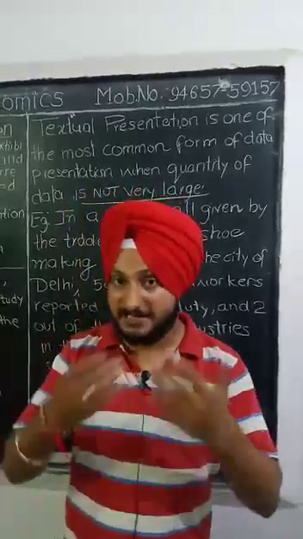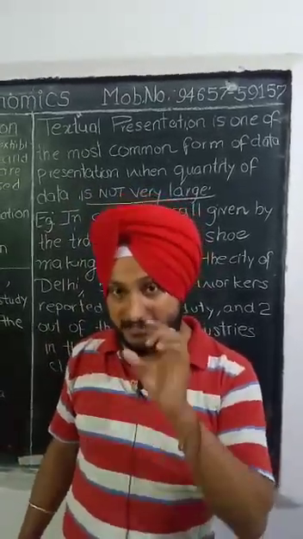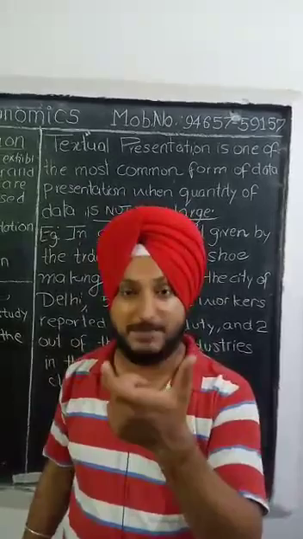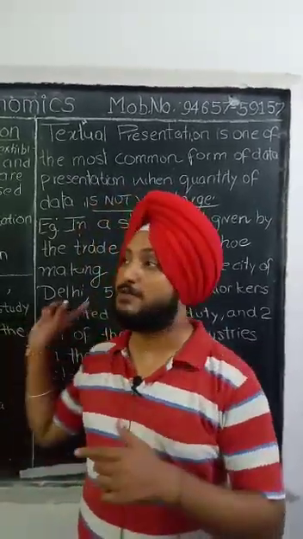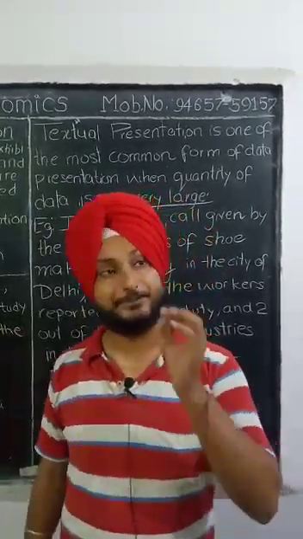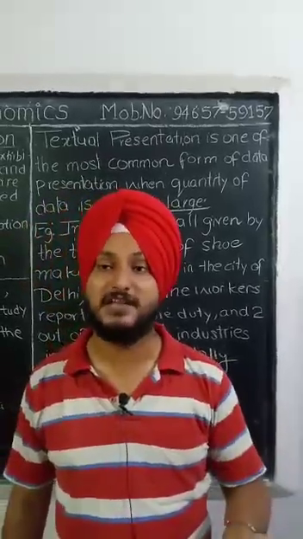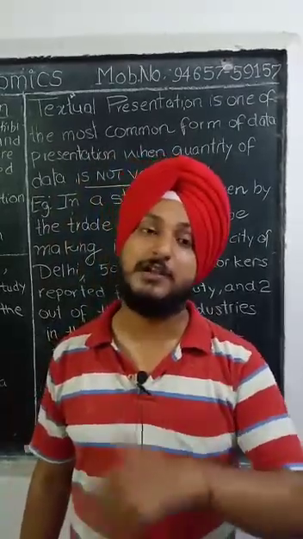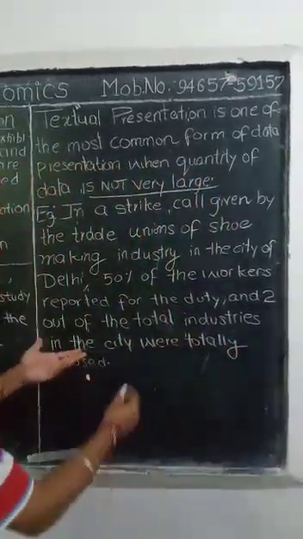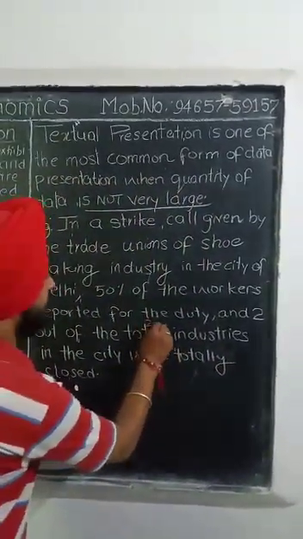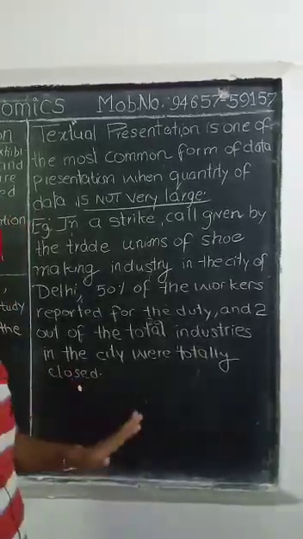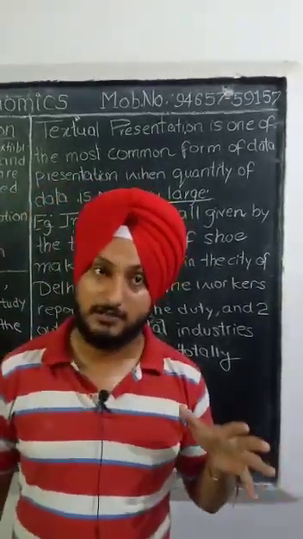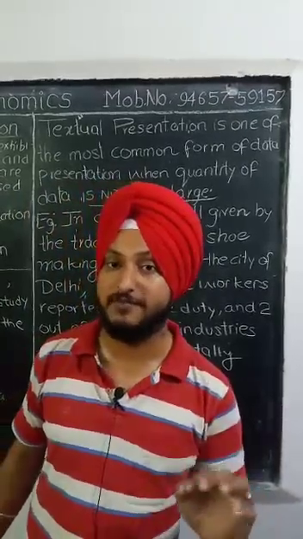They are presenting the data in textual form. A newspaper is the best example, where they inform us that a strike call was given and only 50% of the workers came for duty, and 2 out of, let's say, 20 industries were totally closed. This is an example of textual presentation. Now pause the video and note it down.